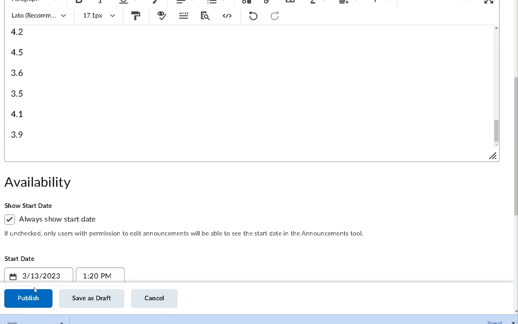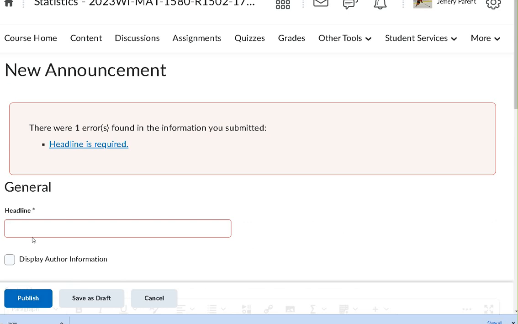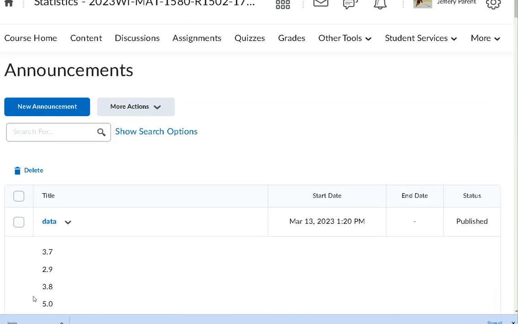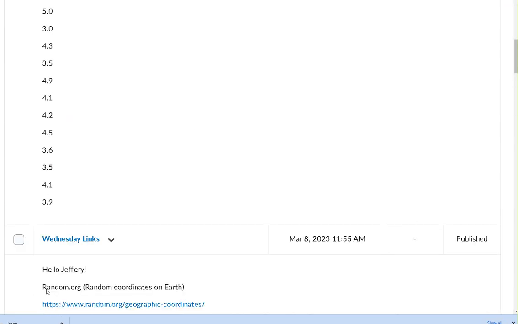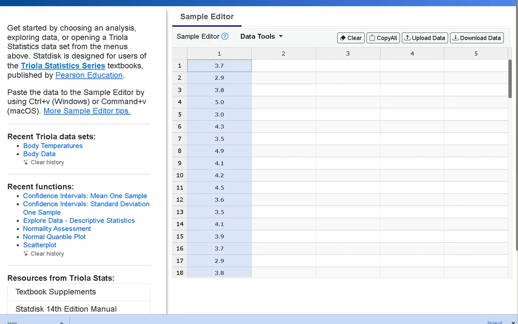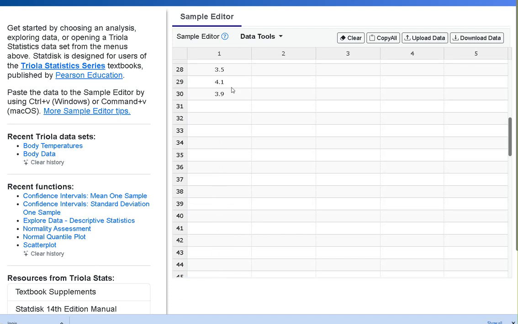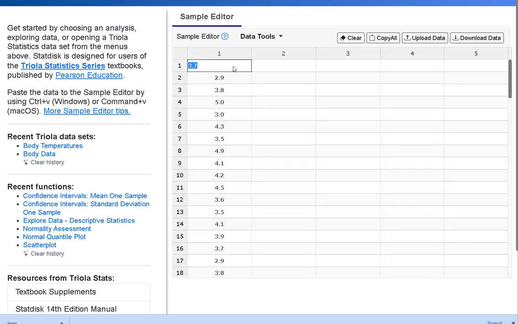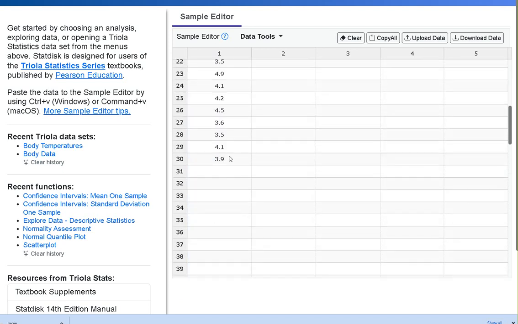Boy, I hope this goes in for you guys okay. Data. If it doesn't go in for you, let me know. I'll see if I can't do something else. But I'm hoping that it'll paste in directly. Does it?